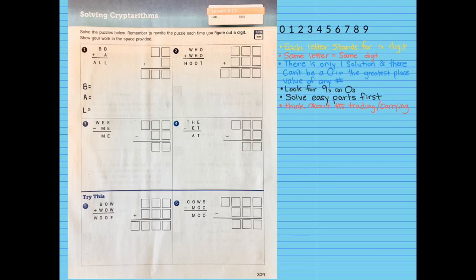So we could think about what plus what is going to give me something that carries. Well, I know the greatest number I can work with is 9, okay? So is there anything plus 9 on my list here that will give me a 2-digit number?